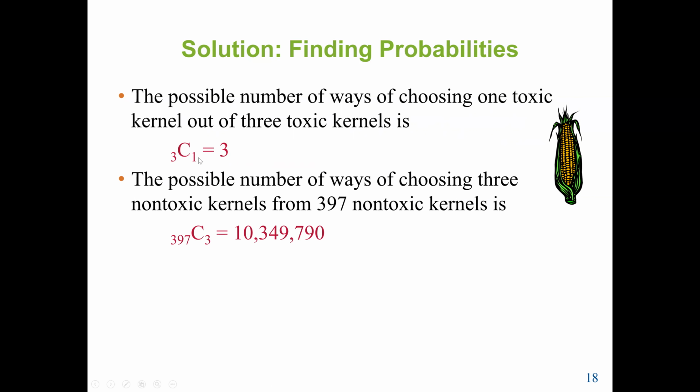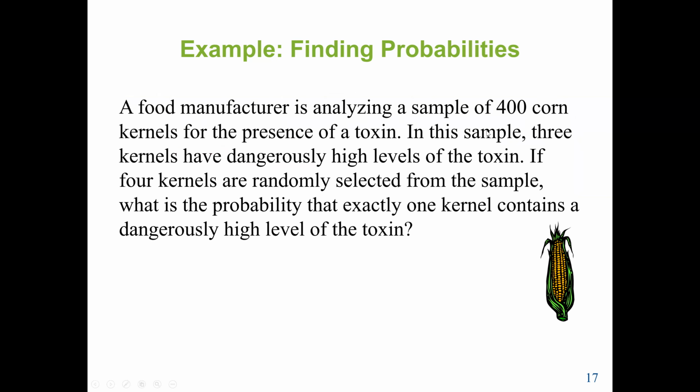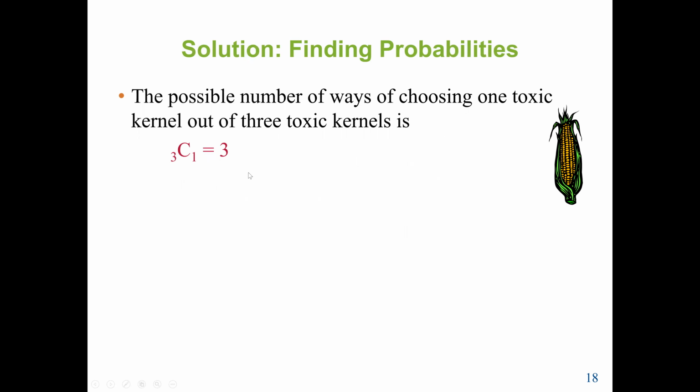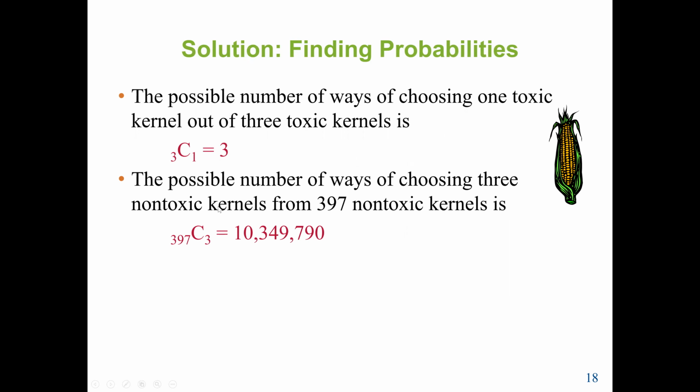And the possible combination is 10,349,790. Previously it was 400, but 3 kernels have dangerously high levels, so we say 397 is left. First of all, 3 choose 1 gives us 3, and we subtract from 400. So we have 397 and 3.